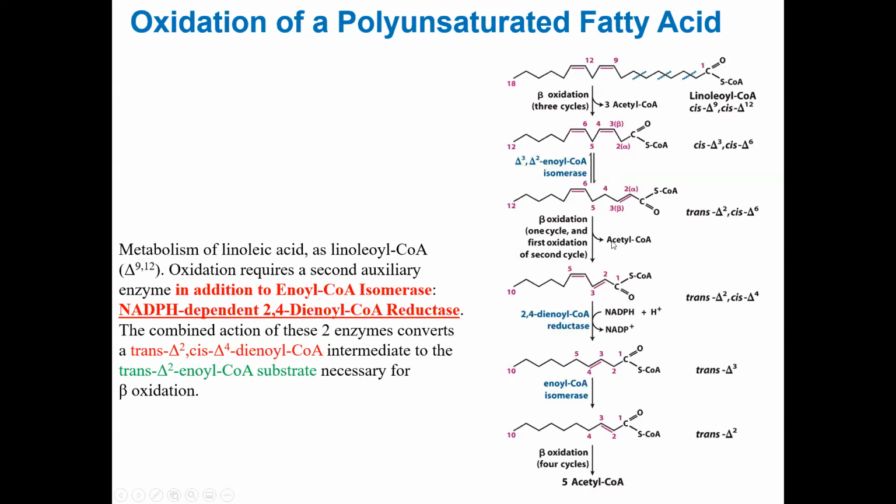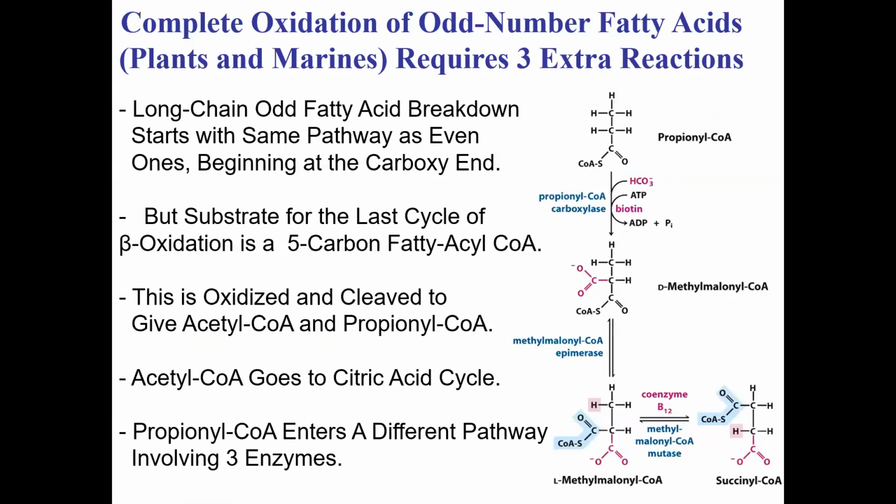Then you produce 1 in here, 3 and 1 is 4, and then you're producing 5 here at the end, so 9. So that's how polyunsaturated fatty acids are metabolized. Cool, right?